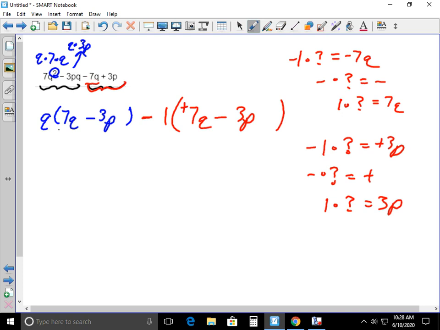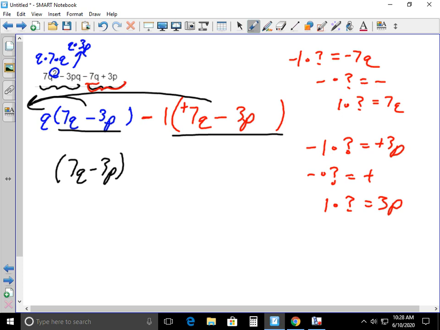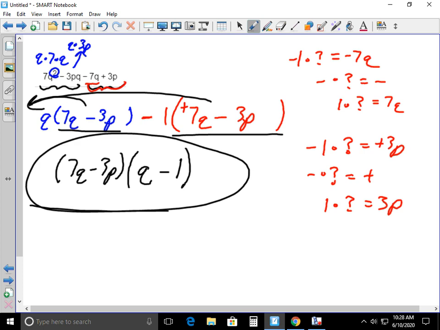So when we do that, notice that our parentheses match. Out of the two terms, the parentheses are the common factor. So if we take that common factor out front, instead of writing the common factor in two different places, that parenthesis goes to a q, and that parenthesis goes to a minus 1. So that's our factorization.